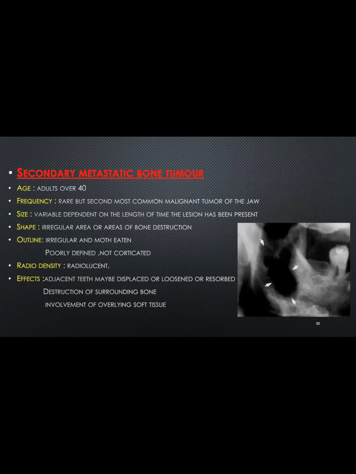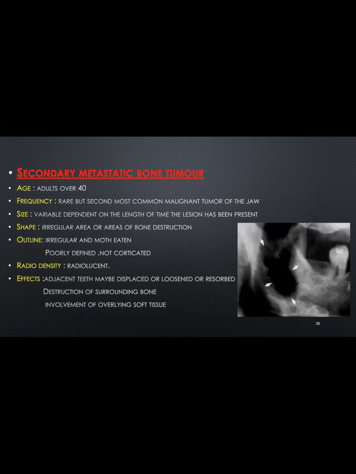Okay, now the secondary metastatic bone tumor. Usually this is a carcinoma that comes from either the bronchus, breast, kidney, or even the prostate sometimes, because they metastasize to the jaw and produce a typical destructive radiolucency of a malignant lesion. It usually happens in patients over 40. It's rare, but it's the second most common malignant tumor of the jaw.